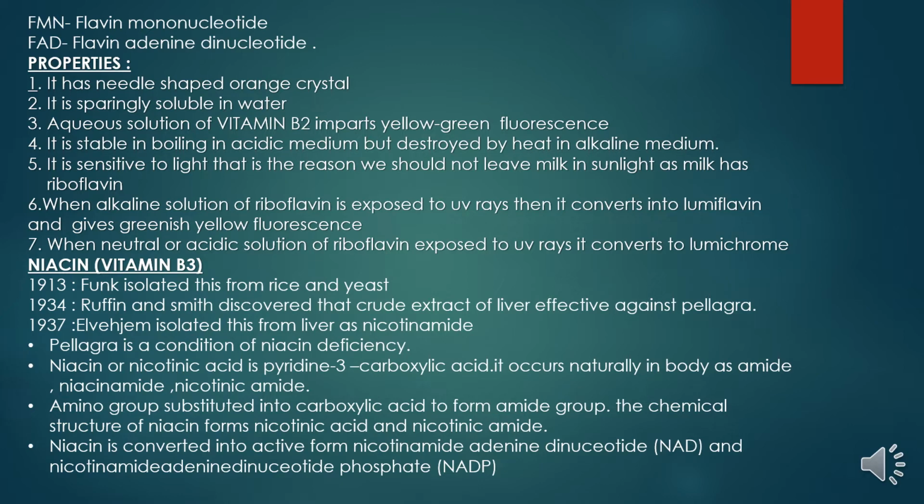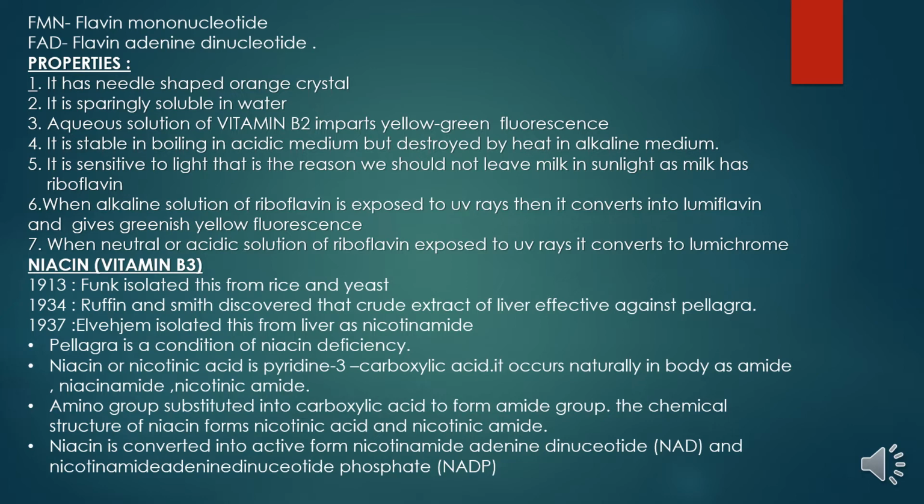That is the reason we should not leave milk in sunlight, as milk has riboflavin. When alkaline solution of riboflavin is exposed to UV rays, it converts into lumiflavin and gives greenish yellow fluorescence. When neutral or acidic solution of riboflavin is exposed to UV rays, it converts to lumichrome.